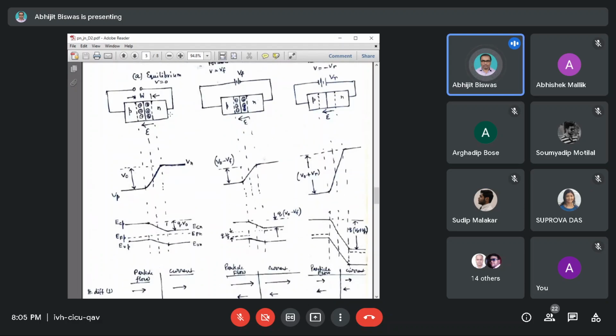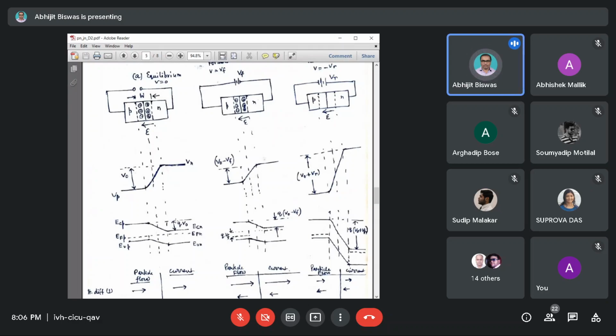So under equilibrium condition, you know the potential profile. On the P side, potential is lower and it is denoted by Vp, and on the N side, it is Vn, and within the depletion region, it ramps up from Vp to Vn, but it is somewhat parabolic with reference to distance, and you can visualize it at the edge of the depletion region.